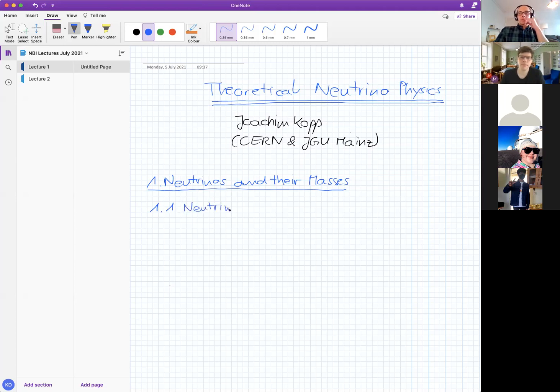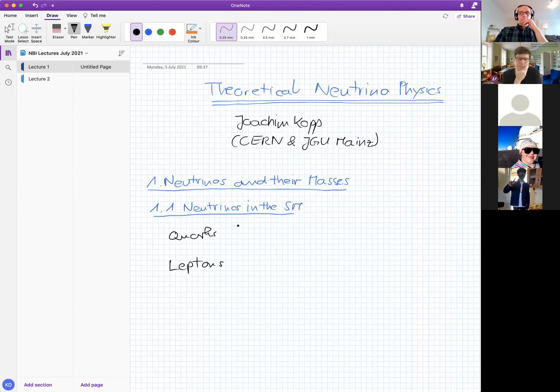So, neutrinos in the standard model. Well, you know that the particle structure of the standard model consists of quarks and leptons and bosons.